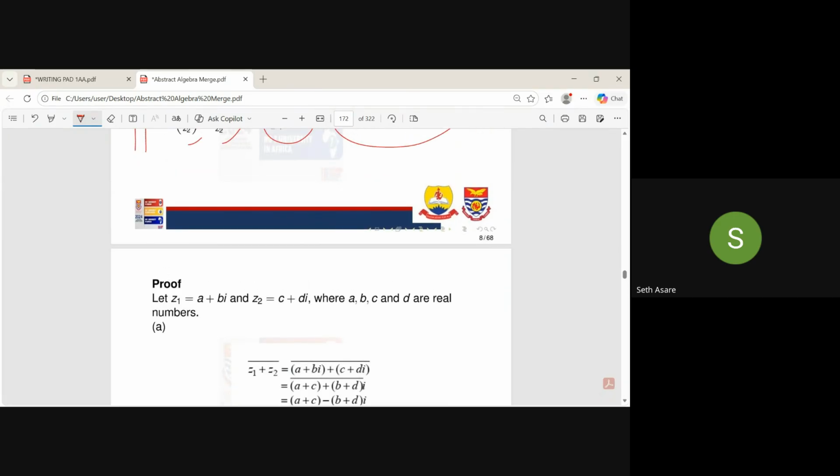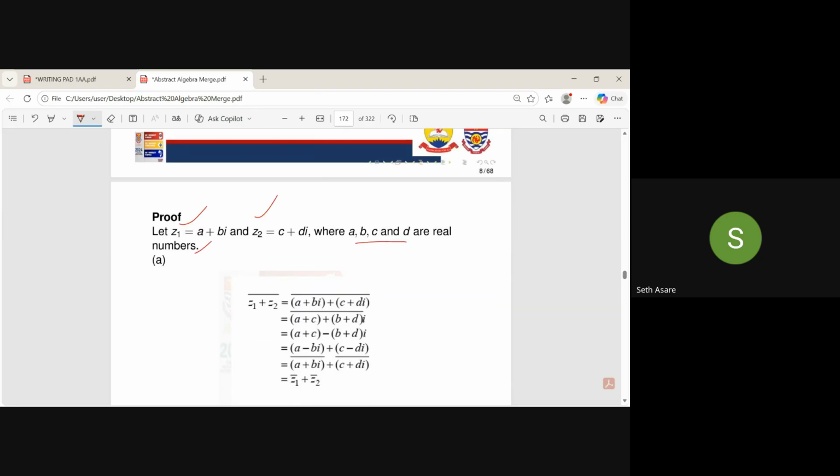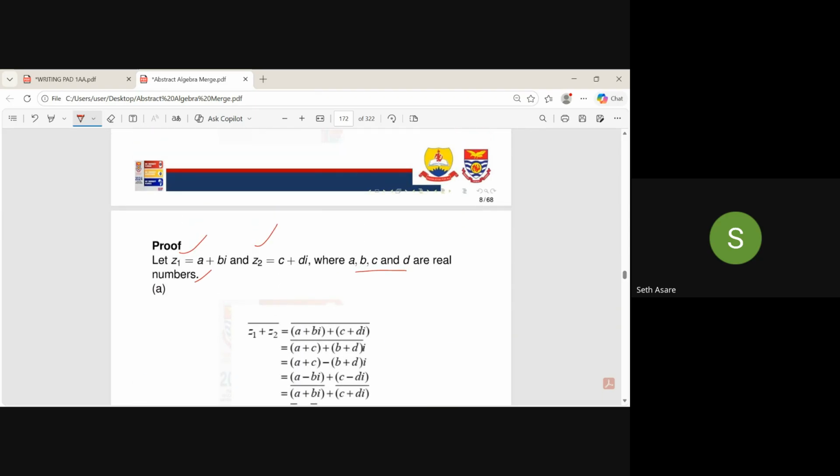Now let's see. We have Z1 and we have Z2, where a, b, c, and d are all real numbers. Good. Now let's add them first. We are adding this one to this one and finding their conjugate. So we write the conjugate of it: a plus bi plus c plus di.